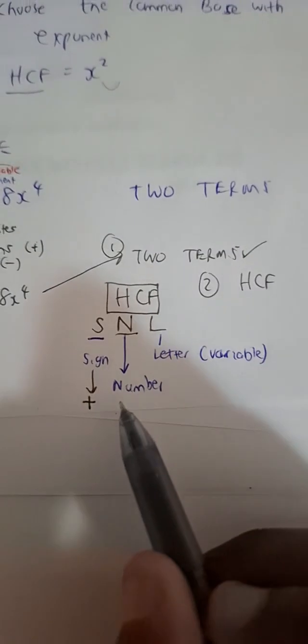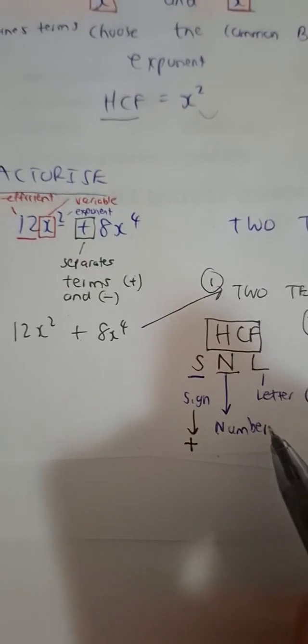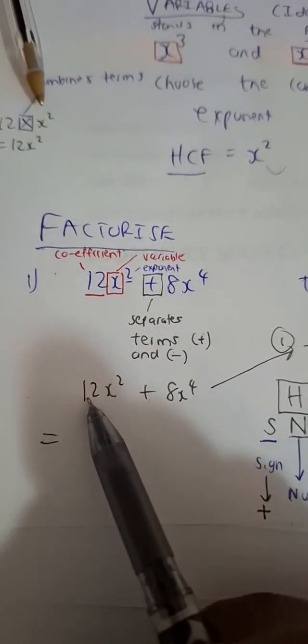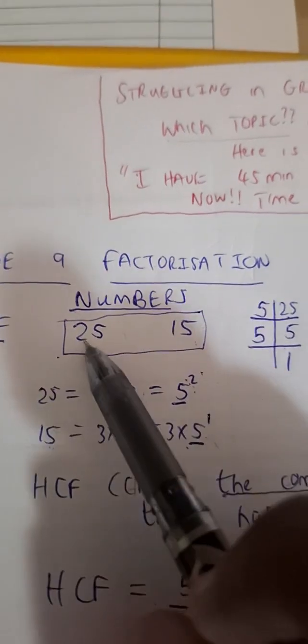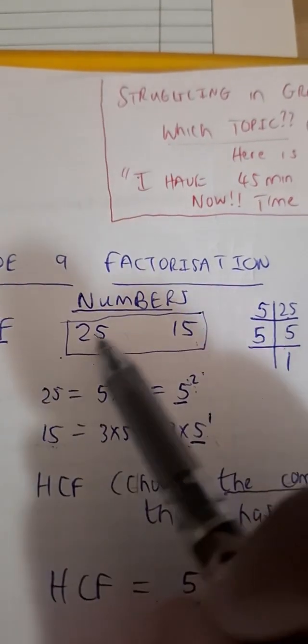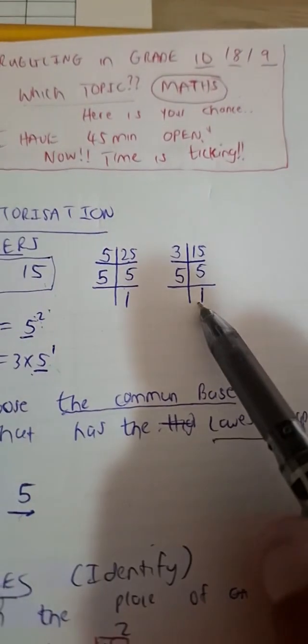We ask ourselves, what is the highest common factor number? Now, you will remember that whenever in grade 9 we used to check the highest common factor number between two numbers, we would apply prime factorization.